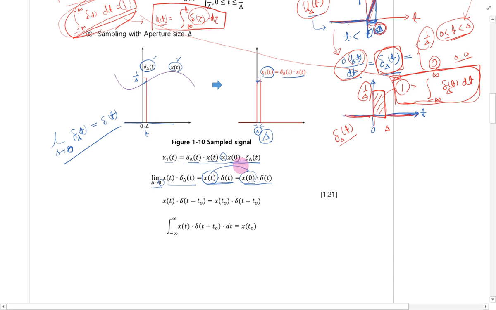We can think about shifting the delta function in time this way. We shifted it to time t0, and in multiplication it means we sample the value at t0 instead. In this case, we can think about delta(t minus t0). Here x(t) is multiplied by the shifted version of the delta function.